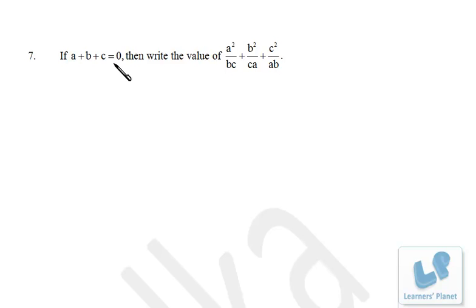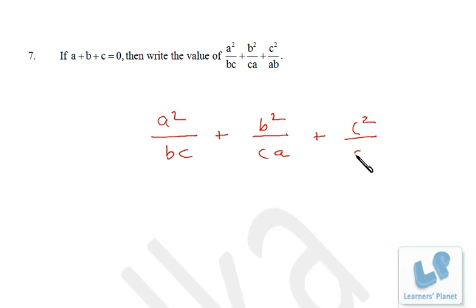Here a plus b plus c is 0 and we have to find out the value of this. Now what you can do is it's a square by bc plus b square by ca plus c square by ab, right? You multiply numerator and denominator by a over here, b over here and c over here. So it will be a by a, b by b, c by c.